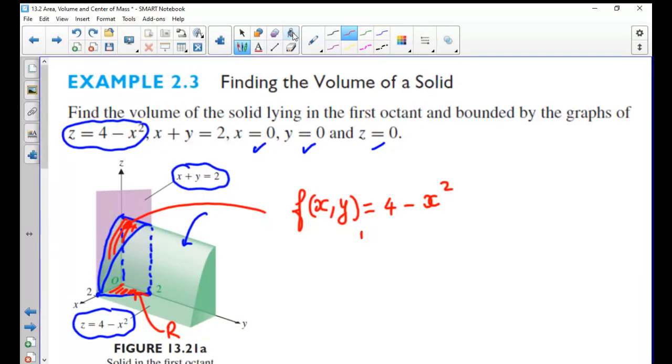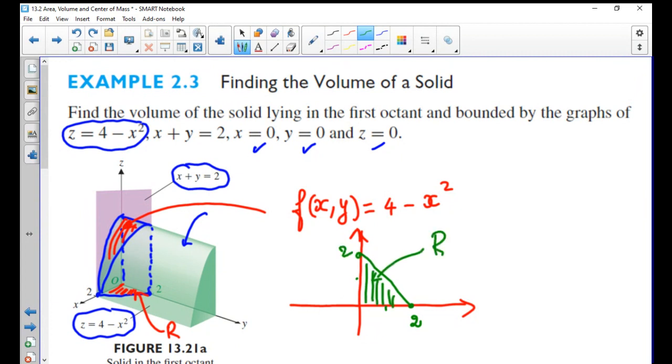And the region R, look at it. What shape is it? It's a triangle. And it goes from x equal 2 to y equal 2, like this. So here is the region R on which we need to integrate the function f to find the volume.